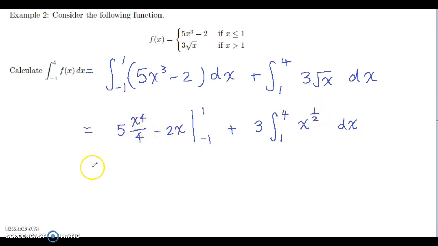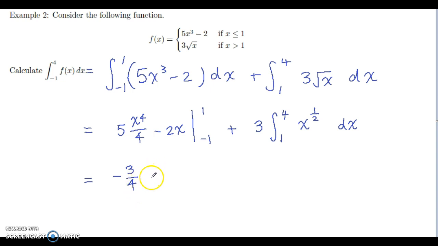Now we plug in the number, okay? So when we plug in 1, it's 5 over 4 subtract 2. 5 over 4 subtract 2 is the same as 5 over 4 subtract 8 over 4. So it's -3 over 4 when you plug in 1.